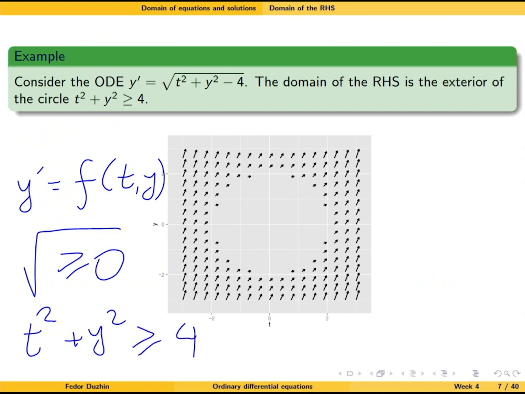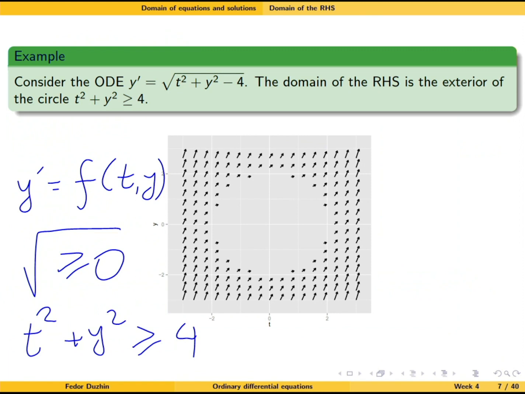I hope you still remember that t squared plus y squared exactly equals 4 is the equation of a circle centered at 0 of radius 2. So if it is greater than or equal to 4, this is the exterior of the circle, which means that our expression is not defined whenever t squared plus y squared is less than 4.